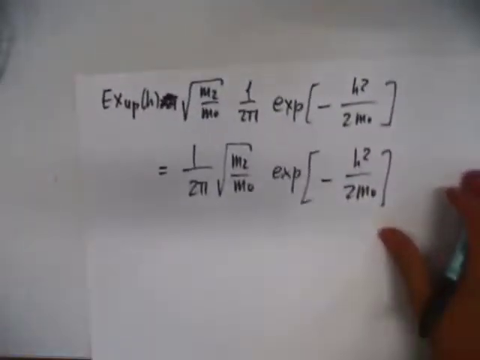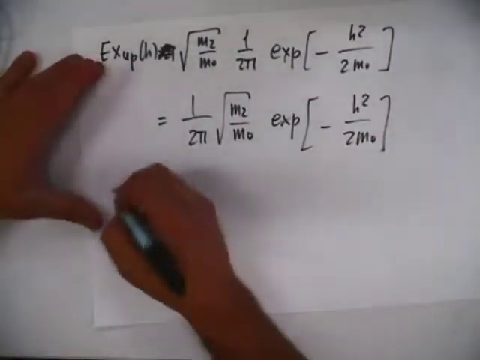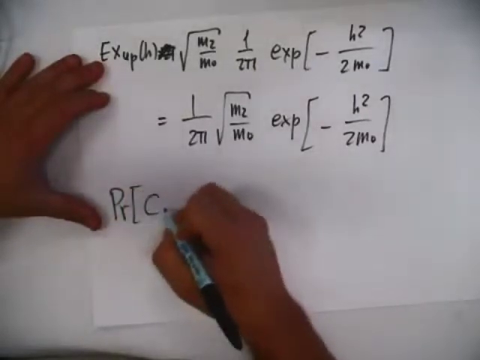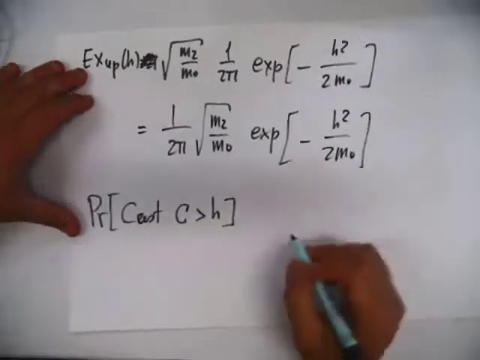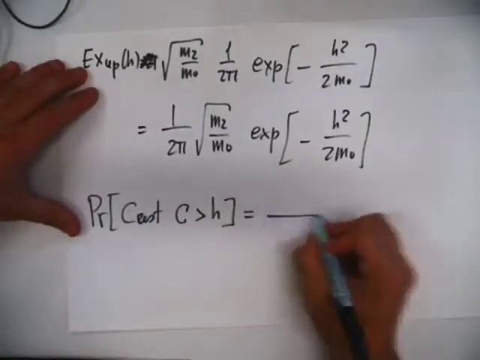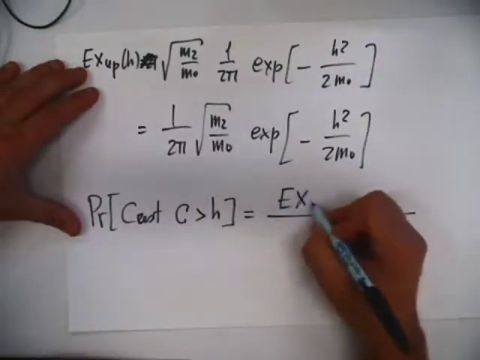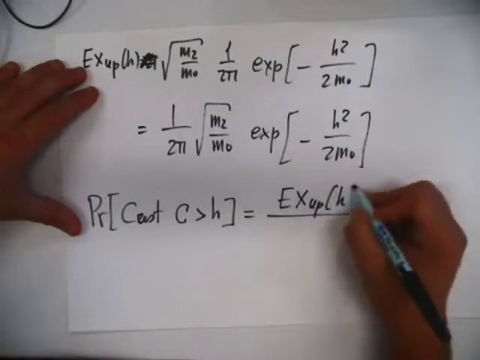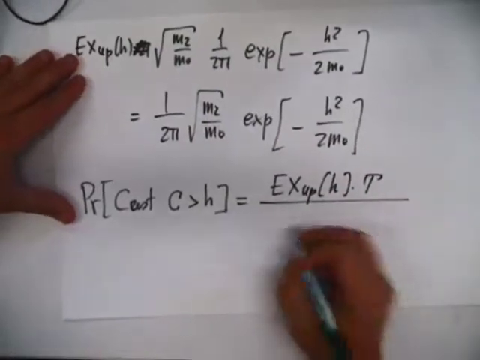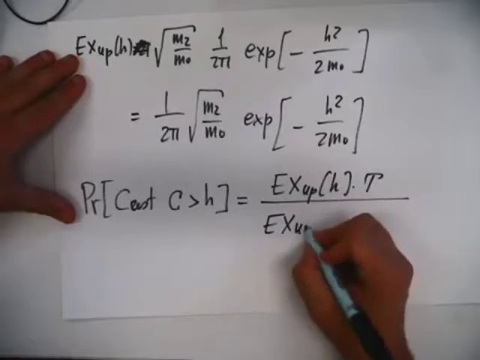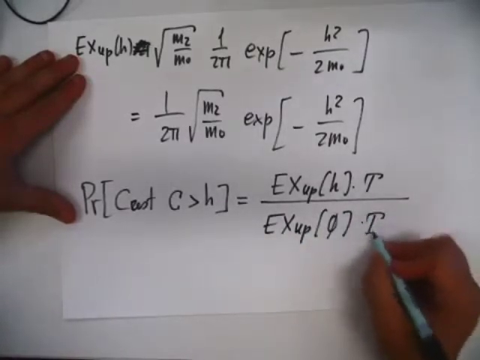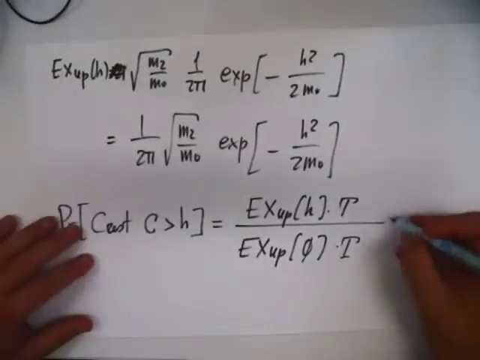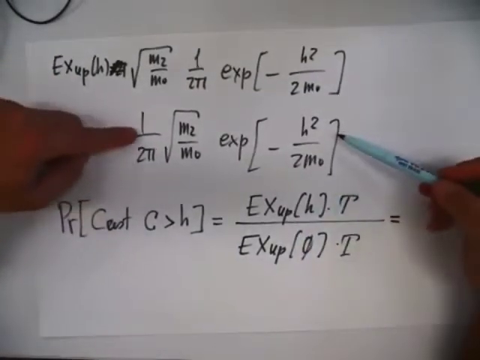That's a very nice result, because now the probability that a crest C is greater than h is equal to the expected number of upcrossings of level h times t, divided by the expected number of zero crossings, which is the same with h equal to 0, times t. Basically, this formula is going to be this on the numerator.